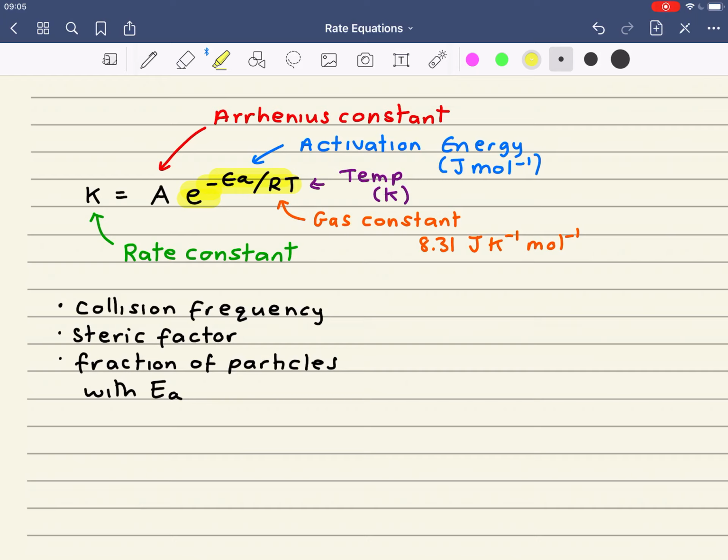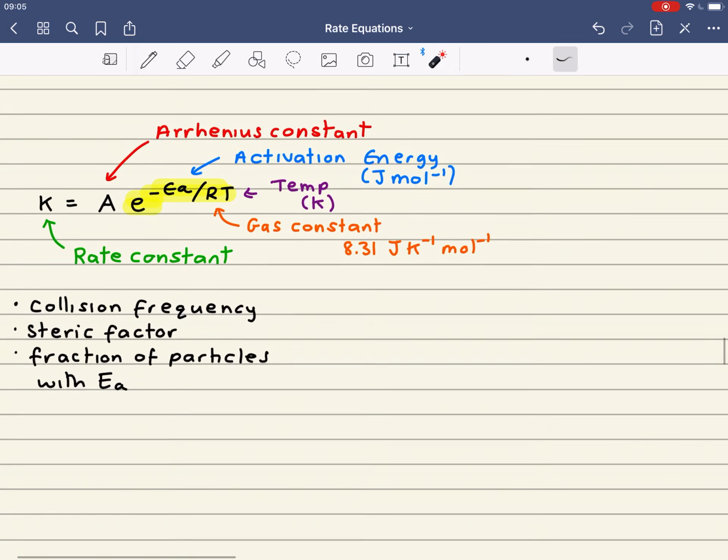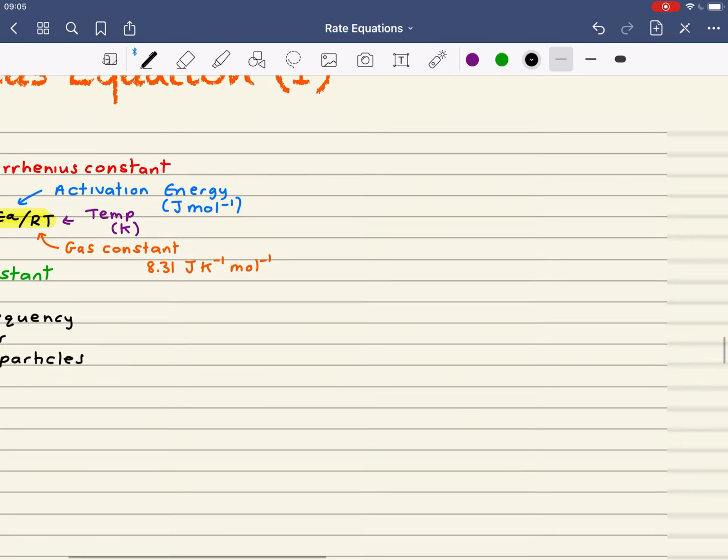Now, if I obviously double my collision frequency, double the number of collisions by, for example, doubling the concentration, we get a double in the rate constant. So certainly if it's a first order reaction, you double the concentration, therefore you double the collision frequency, you double this K value. But what we're going to look at is how temperature affects this K value.